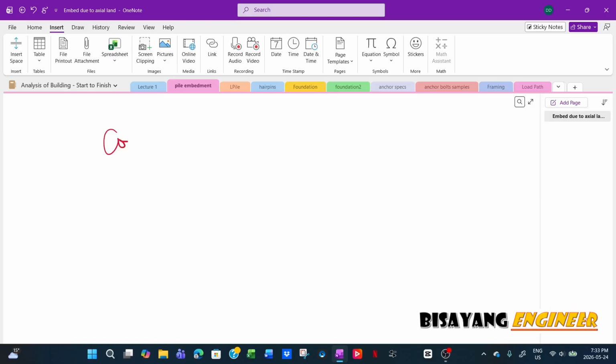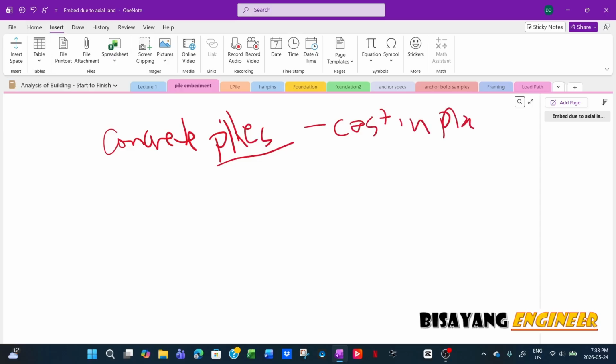or recommend concrete piles like cast in place piles. This is not recommended for projects without a soil report, because there's no way you can estimate the capacity of your pile unless you do a pile load test.